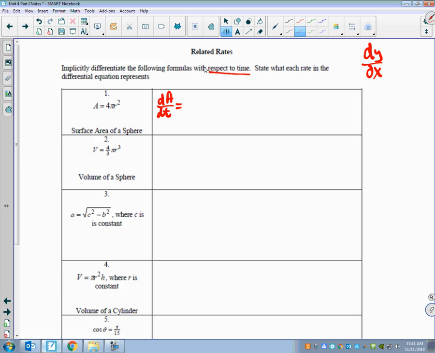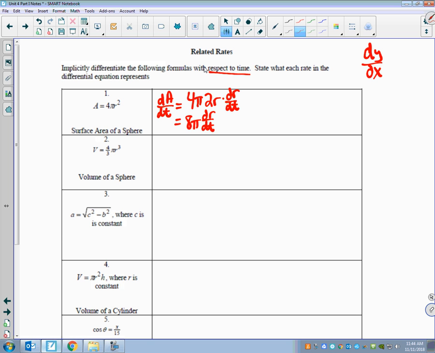And then 4 pi r squared. 4 pi is just a number, so we don't need the product rule here. We can just leave that as 4 pi. But the derivative of r squared would be 2r, but with respect to time would be times dr over dt. And we could simplify this. We could say that dA over dt equals 8 pi r dr over dt.